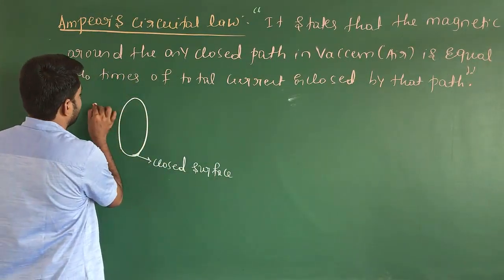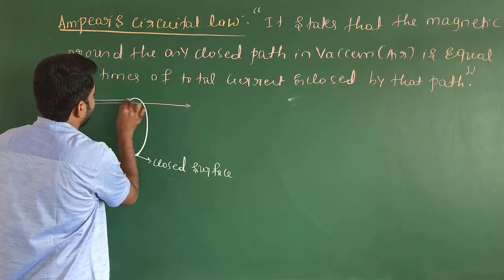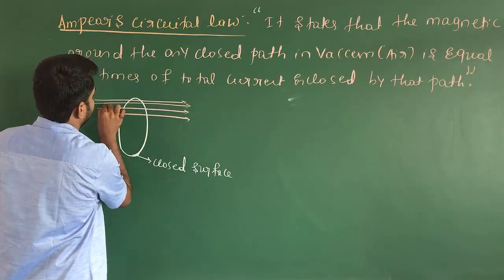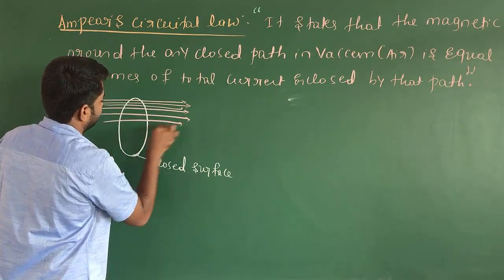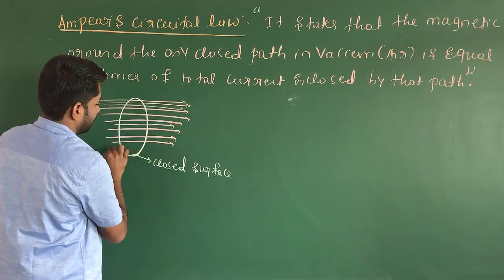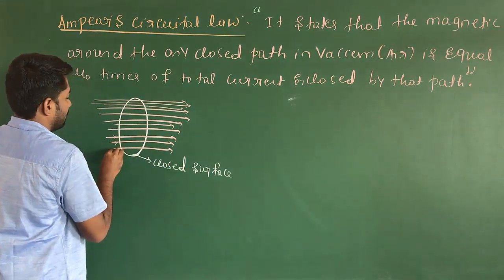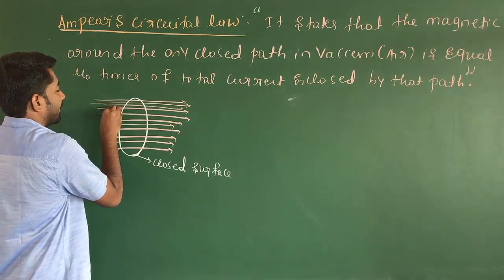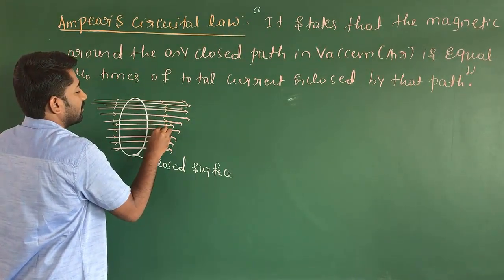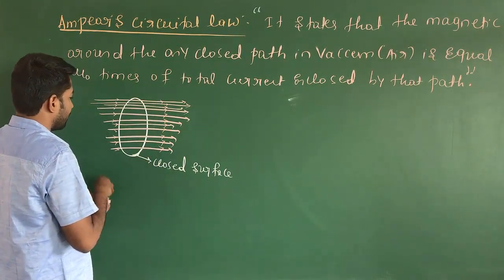And the current is flowing in this coil or in this surface. This is the direction of current flowing in this surface.